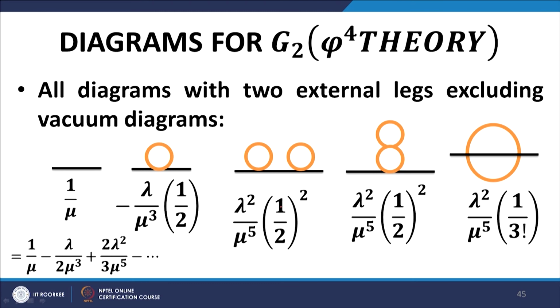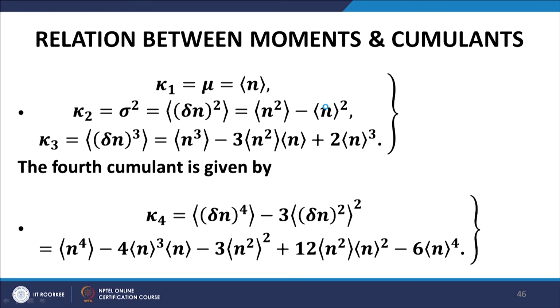So, for G2 we need to start with diagrams with 2 external legs and excluding all vacuum diagrams. As I mentioned, whenever we work out the Green function based on the Feynman diagrams, we need to exclude all vacuum diagrams, and we need to start with those diagrams with the number of external legs equal to the order of the Green function. Now, here is a relationship between the moments and the cumulants.